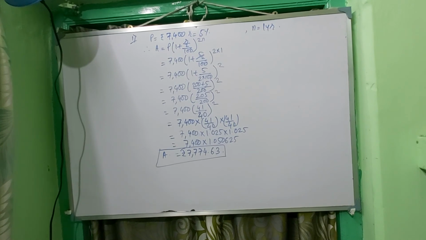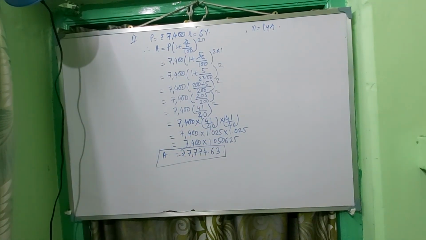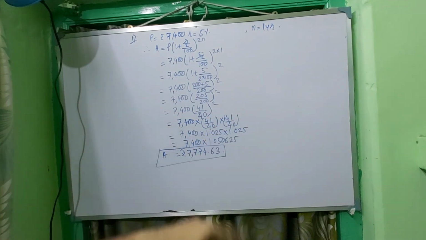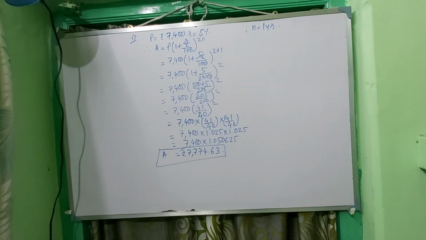I am making it much easier in that case. 5 by 200 means 100 into 2, twice means 205 by 200. If you do it twice in that manner, or as I have shown you in my previous sum, you can do it in that manner also. 41 by 40, 41 by 40. If it is twice, it will be 41 by 40 again. Whatever it will be, multiplied with 7,400.